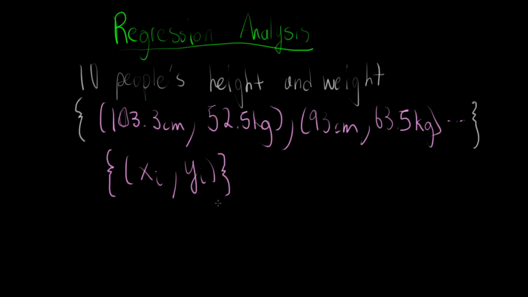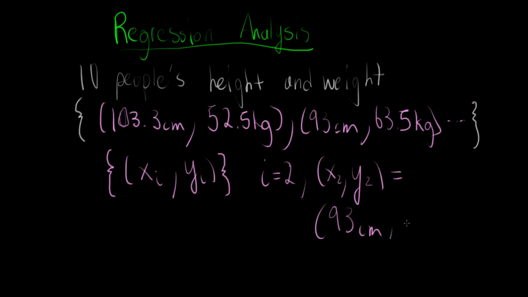For example, if we let i be 2, that means we want (x2, y2), which is equivalent to saying we want the measurement of 93 centimeters and 63.5 kilograms in weight, which is the second person's measurement. So this is what this means.